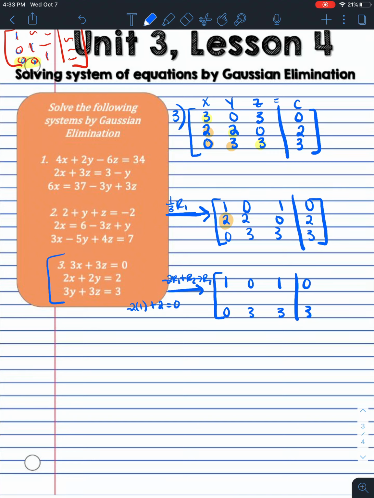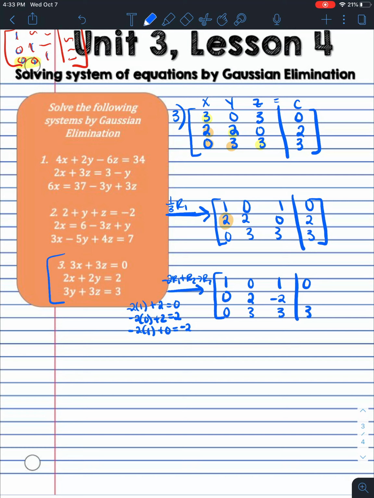And then I did -2 times the first position of row 1 plus the first position of row 2, and that's going to give me 0. Then I'm going to do -2 times the second position of row 1 plus the second position of row 2. So that's 0 plus 2 is 2. And then -2 times the third position of row 1 plus the third position of row 2.